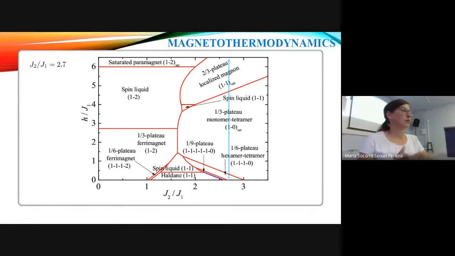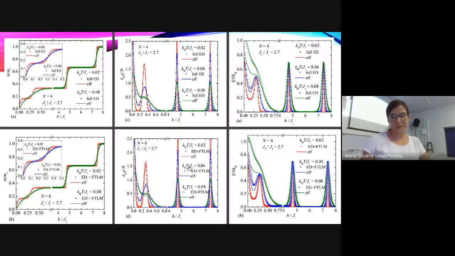Now let me show you our results for J2 over J1 equals 2.7, where the 2/3 plateau, 1/3 plateau, and 1/6 plateau are expected.